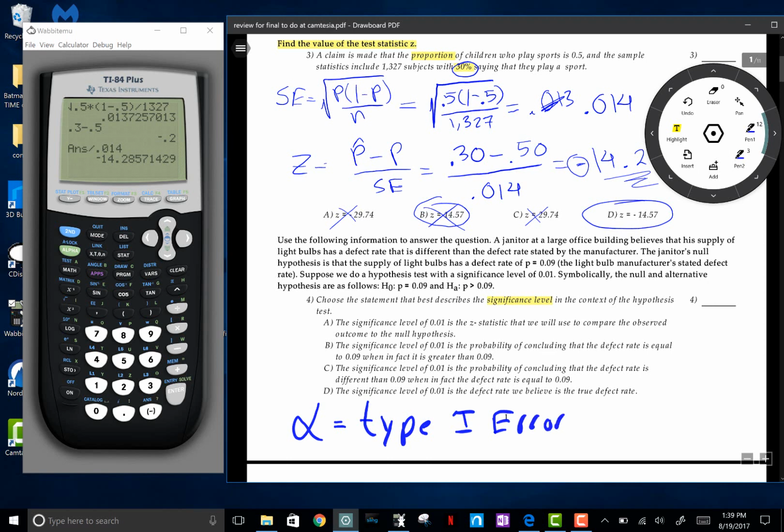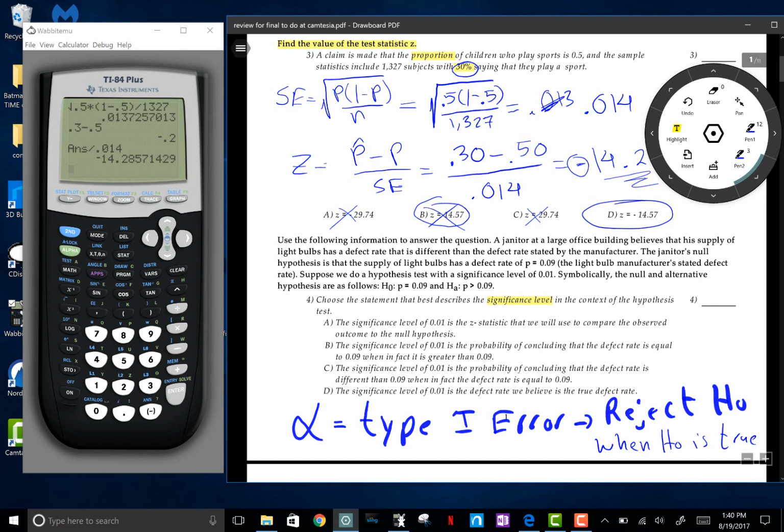So a type 1 error is when we reject the null hypothesis, reject the null hypothesis, when the null hypothesis is true.